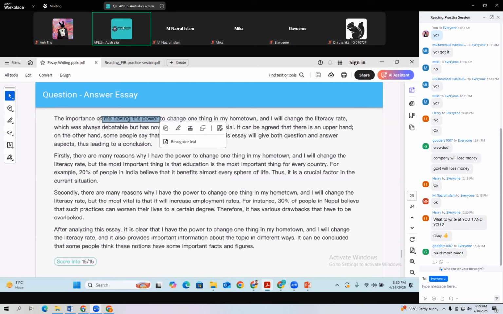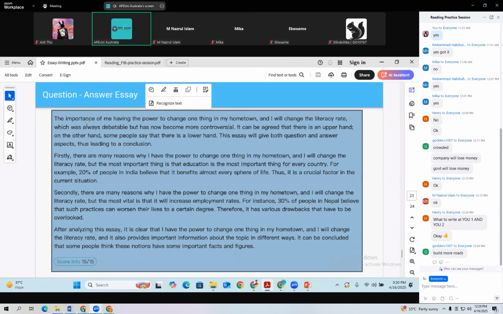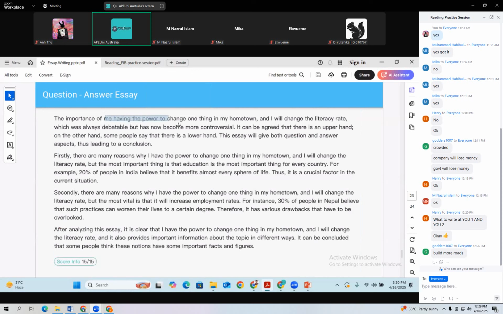So this is how you can write your first sentence or first question. You have to use some common sense in writing the sentences. So here you write: me having the power to change one thing in my hometown or in my country, and I will change the literacy rate.